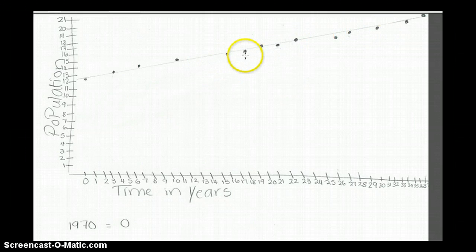So we can say by looking at the graph that between the year 1986 and the year 2002, in that area, the population is increasing really rapidly. Then you can check each interval to see which interval has the highest change in population.